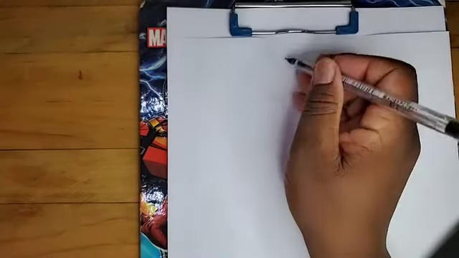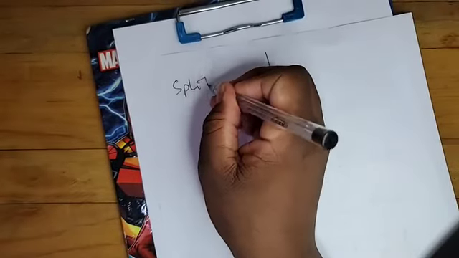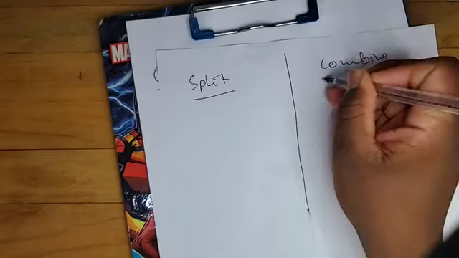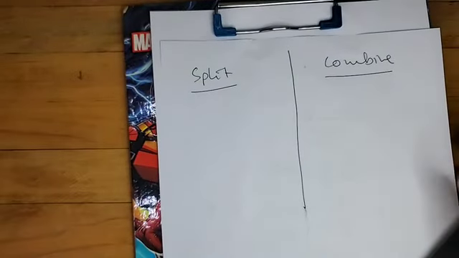So this whole topic can basically be summarized in 2 parts. What are the 2 things we need to be able to do to vectors? Under vectors, we need to know how to split a vector and how to combine a vector. So once again, I want you guys to give me the 2 formulas that we use to split a vector into its components.